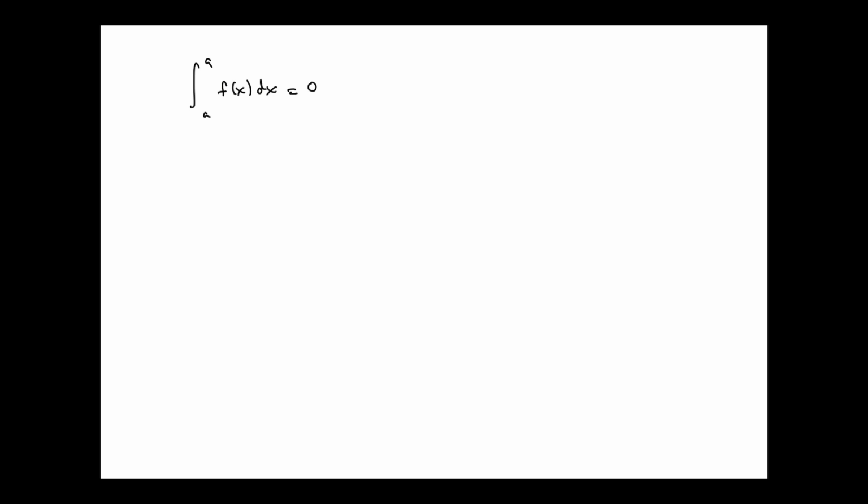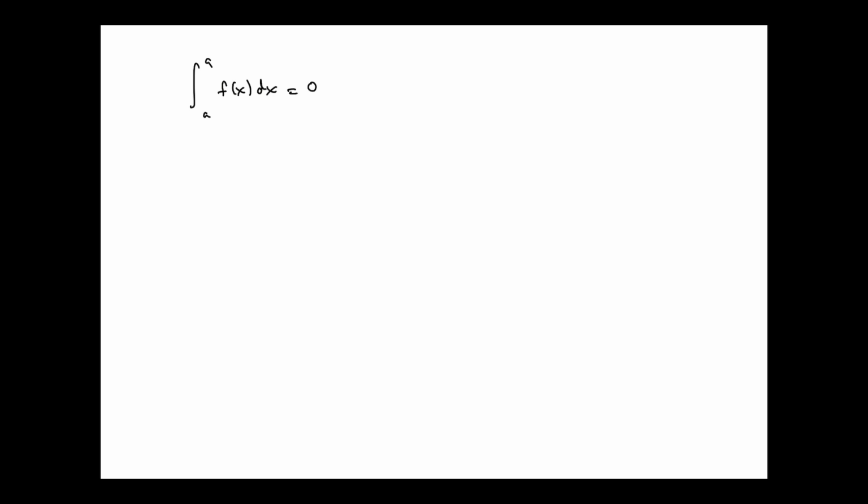If we're going from x equals a to x equals a, there's no area enclosed. The width would be 0 and the height would be whatever the function is. There's no area there, right?